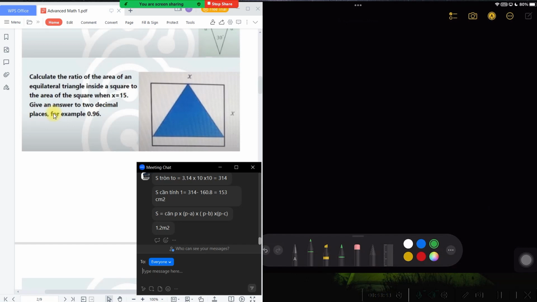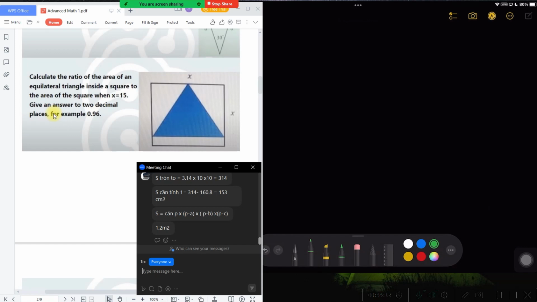Equilateral means all the sides are equal, okay? Tất cả các cạnh đều equal, đều bằng nhau. Equilateral tức là tam giác đều. Tính cái tỷ lệ của cái diện tích của cái tam giác đều bên trong cái hình vuông này trên cái diện tích của cái hình vuông khi mà x bằng 15.